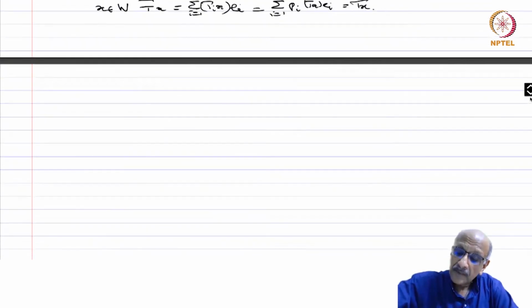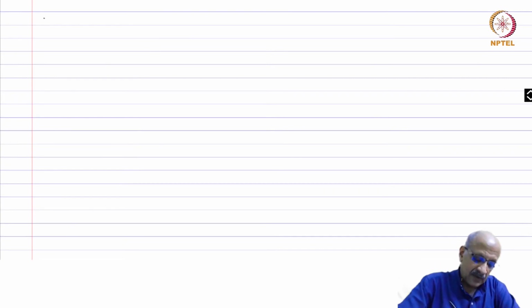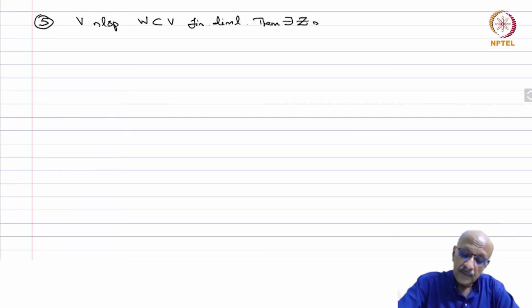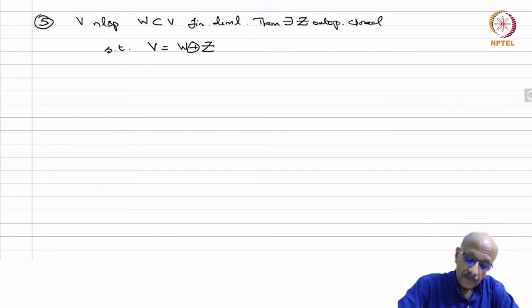So as a corollary of this is the next exercise. V normed linear space, W contained in V finite dimensional, then there exists a Z subspace which is closed such that V equals W direct sum Z. Now W is finite dimensional, so it's already closed.